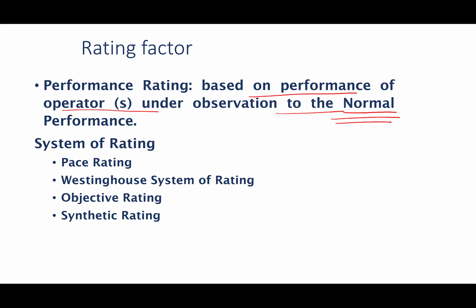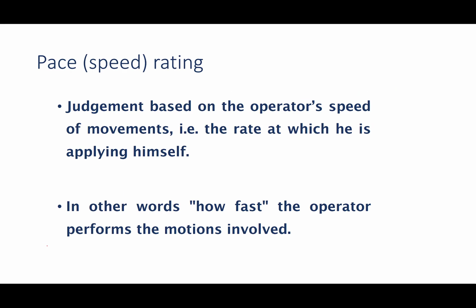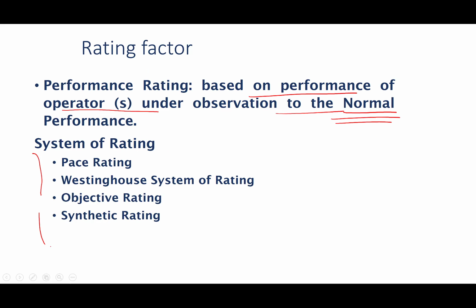Different methods are used for rating the performance depending upon the kind of job. So pace rating, in brief: the pace rating is about the way the worker applies himself during the job, how fast he is doing the job. That is the criterion. That is why it is also called speed rating.